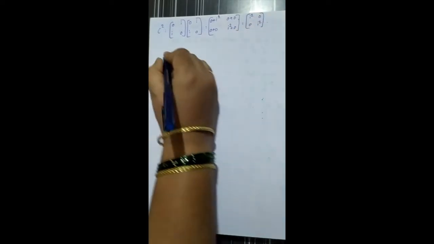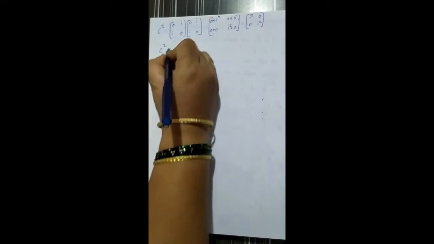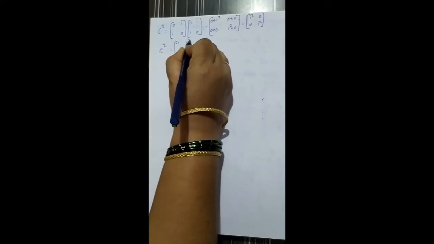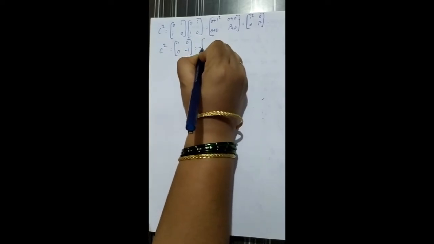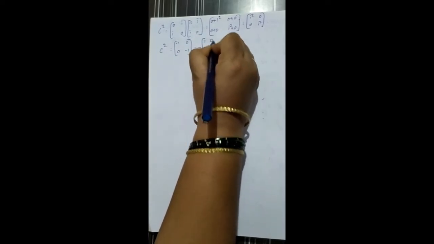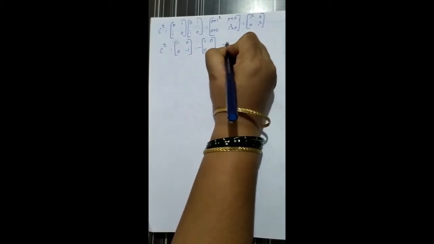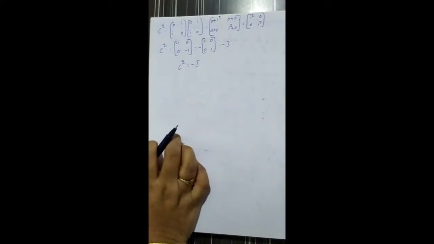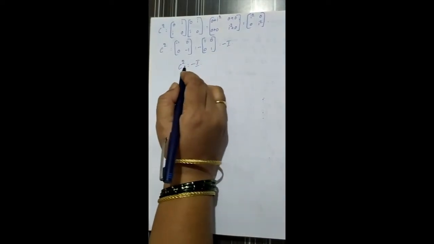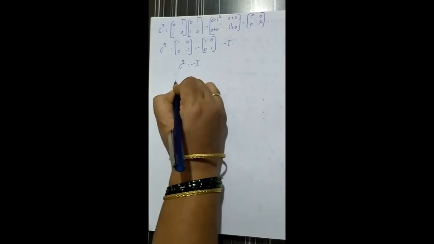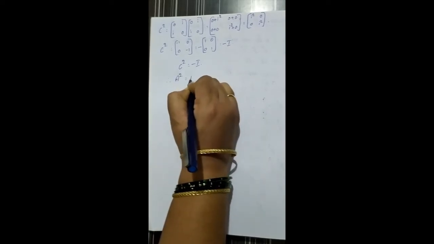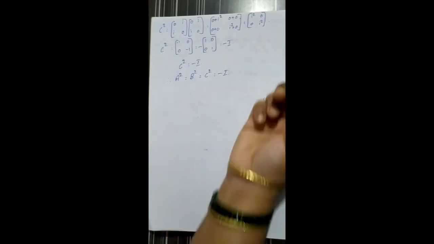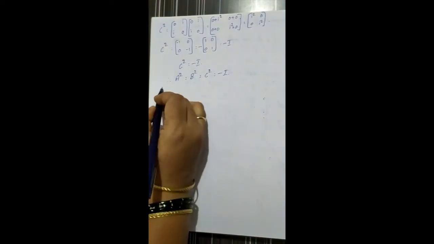We know the value of i squared equals minus 1, so C squared equals [-1, 0; 0, -1]. Here also we take minus as common, minus of [1, 0; 0, 1]. That is equal to minus I. Then C squared is also minus I. From the above three conditions, we understand that A squared equals B squared equals C squared equals minus I. This is the first subproblem.